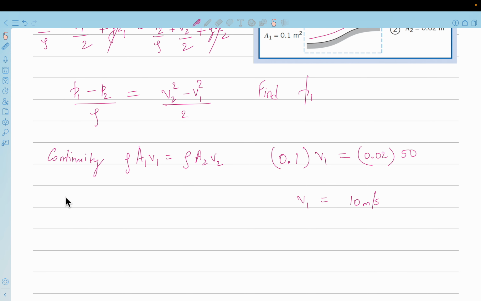Density we'll take of air. So P1 minus P atmosphere is equal to density being 1.23 by 2 into V2 square, which is 50 square, minus V1 square, which is 10 square.